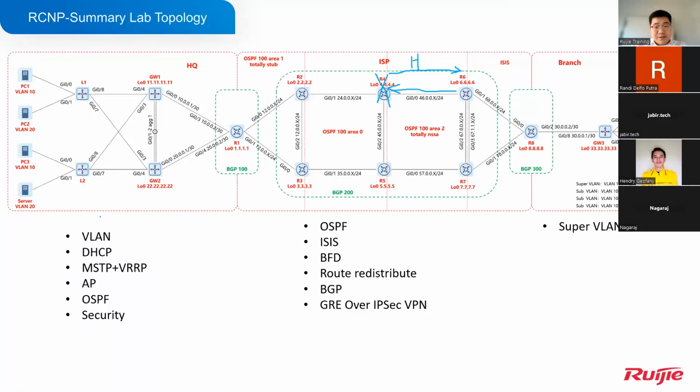But BFD is a protocol that can detect the status of the neighbor in a very, very short time, in milliseconds. By using BFD, it can notify OSPF that the neighbor is down, and then OSPF will disable the neighbor relationship immediately.